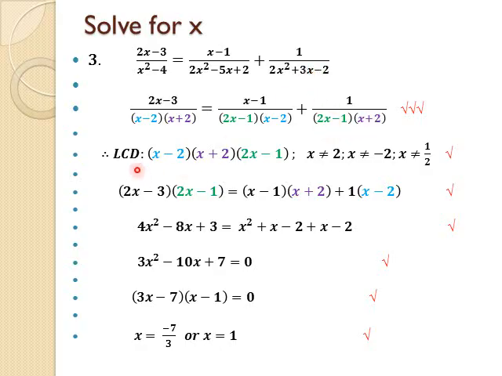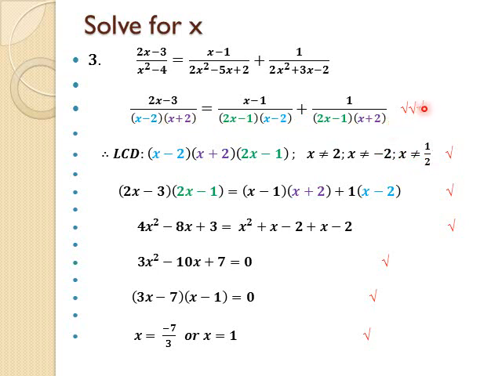Right, so my lowest common denominator, I have x minus 2, I have x plus 2, right, and then I have 2x minus 1. x cannot equal 2, x cannot equal negative 2, and x can't equal half, because that would make all of them 0.